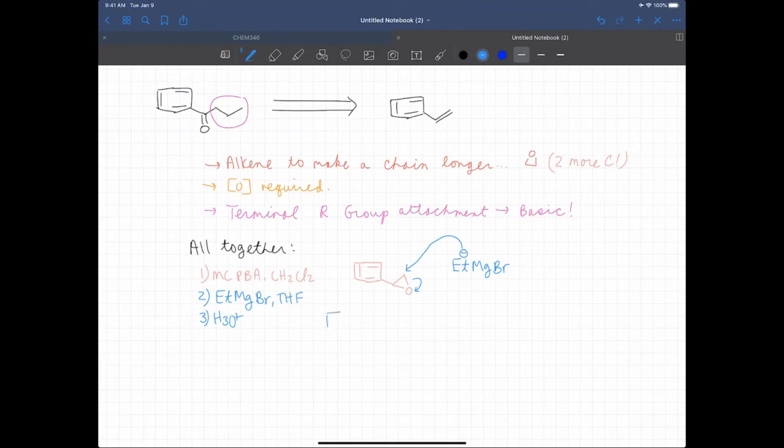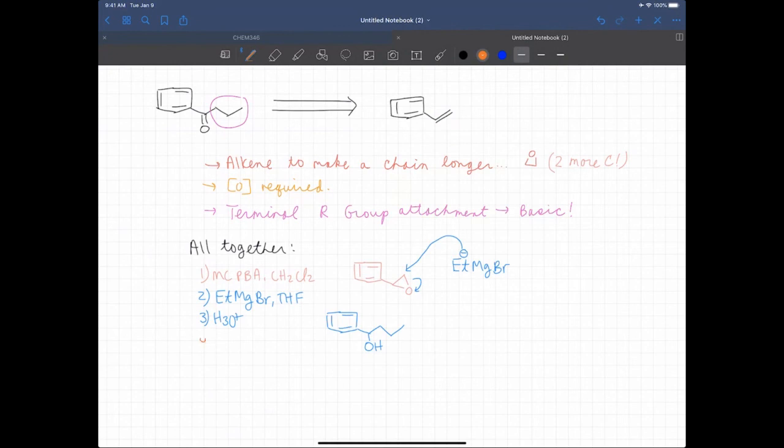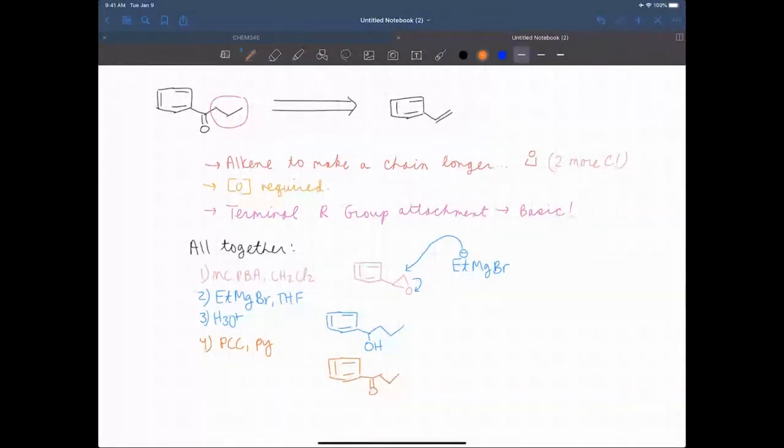And what I get as a result is this here, correct? And then I can oxidize it into my final product. So I'm just going to use PCC and pyridine to give me this here. And there we go. It's not that hard, right?